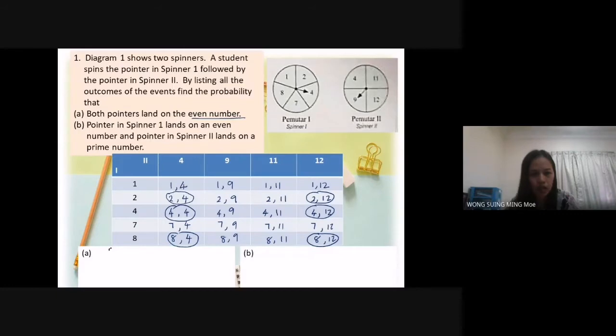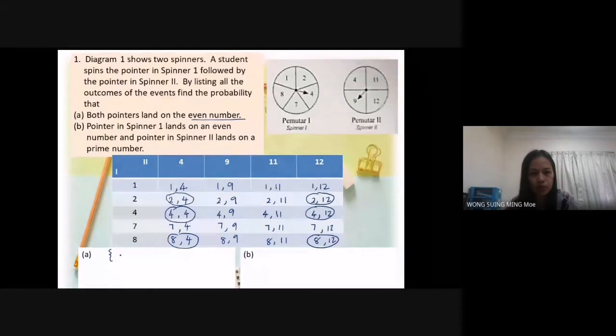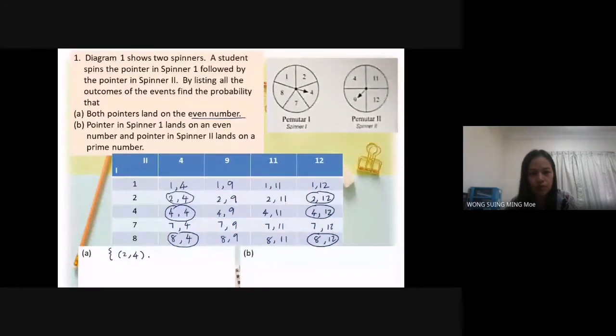So what are the outcomes here? First one is 2, 4, 2, 12, 4, 4, 4, 12, 8, 4, and 8, 12.